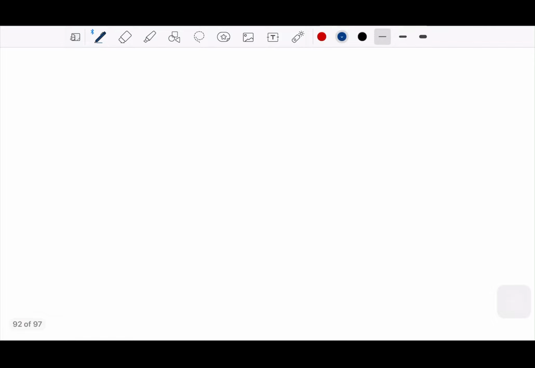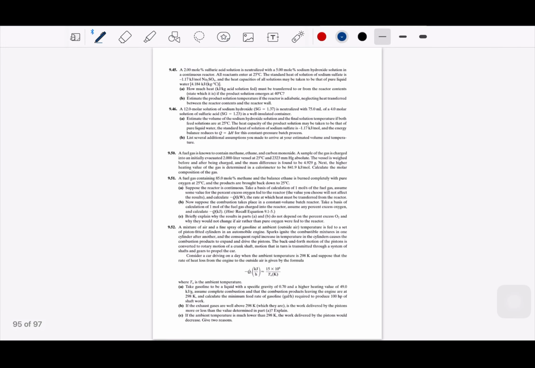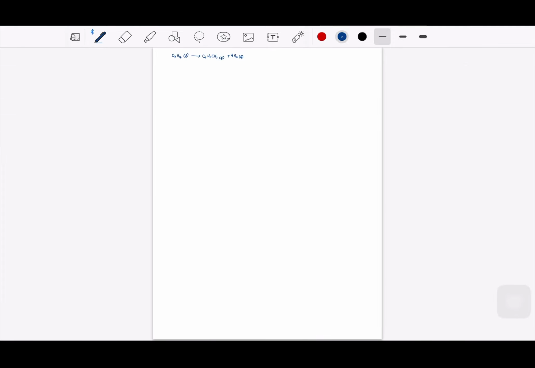So let me go to a new page. First, let me just write the reactions. This is the heptane. This is the toluene. And the byproduct is the hydrogen.